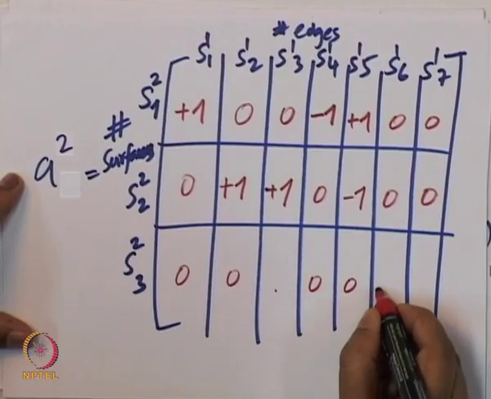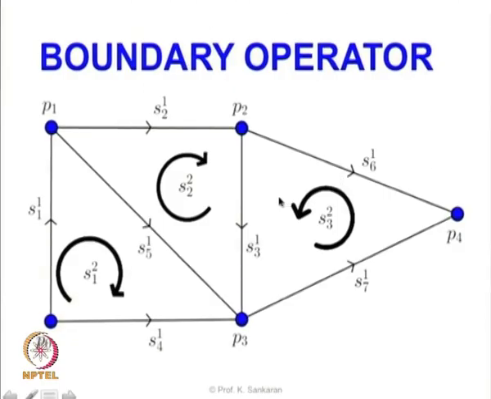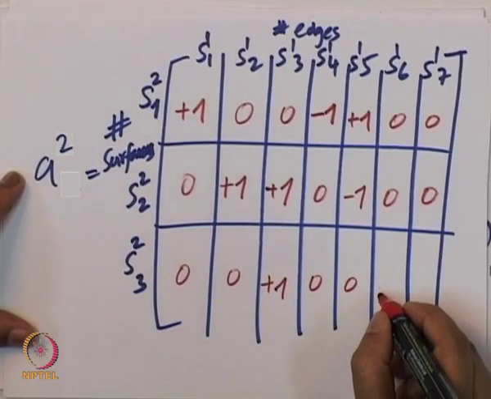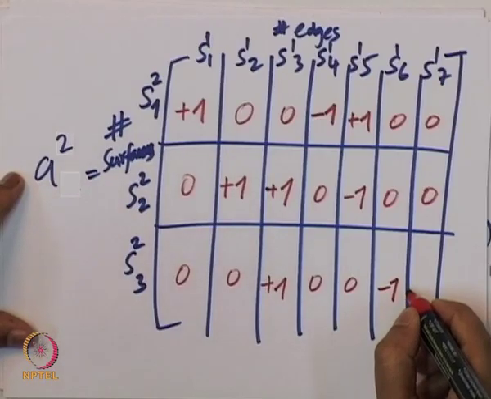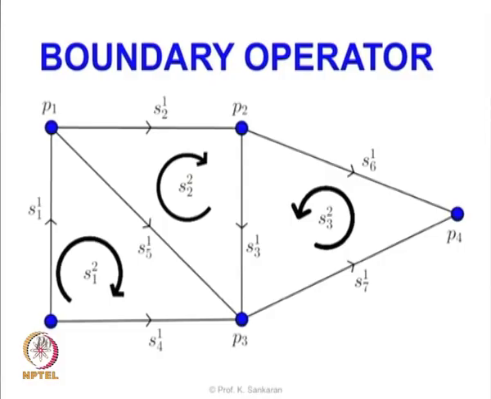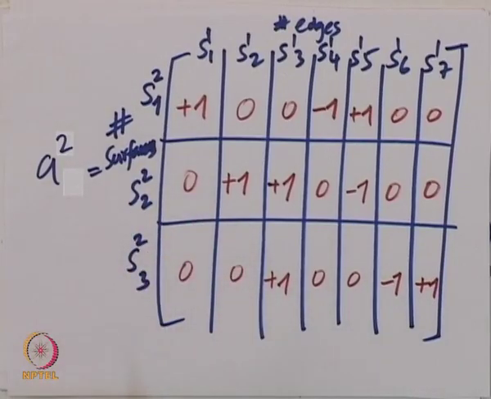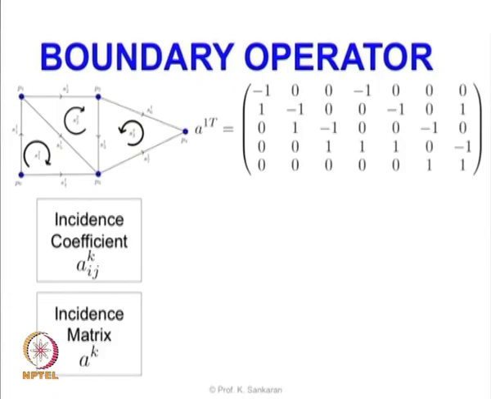Let us look at 3. 3 is in the same direction, so we put plus 1. 6 is in the opposite direction, as you can see in the graph, so we put minus 1, and 7 is in the same direction, so we have plus 1. If we take this one and do the transpose of that, we will get the A2 matrix.